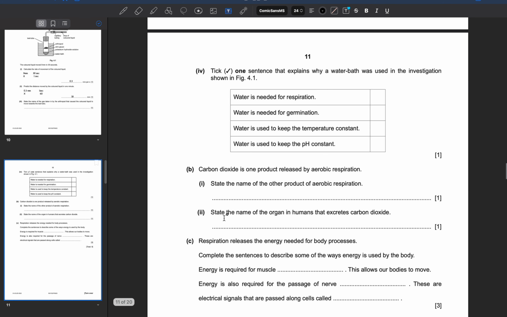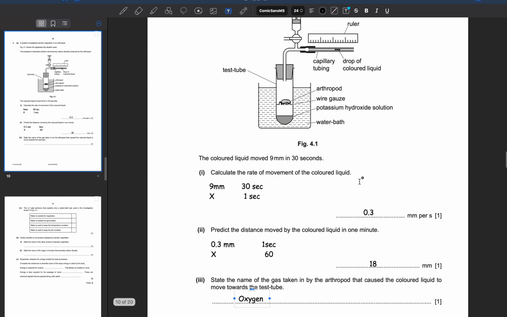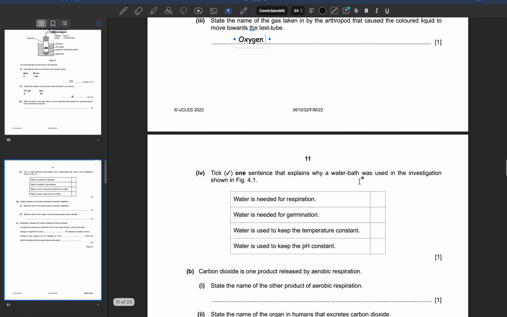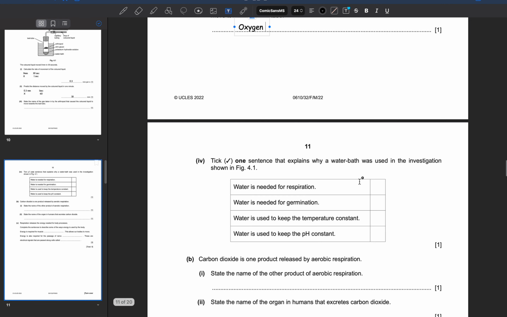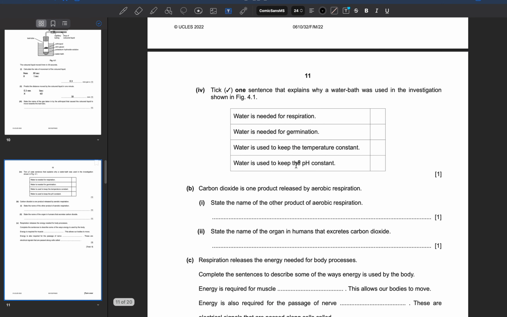Next, tick one sentence that explains why a water bath was used in the investigation shown in figure 4.1. Where is the water bath? It is surrounding the test tube. We always use the water bath to keep the temperature constant, because temperature is one of the controlled variables in this investigation.